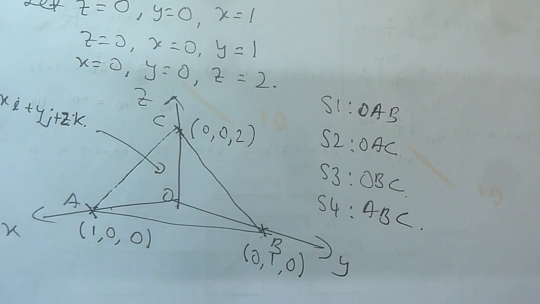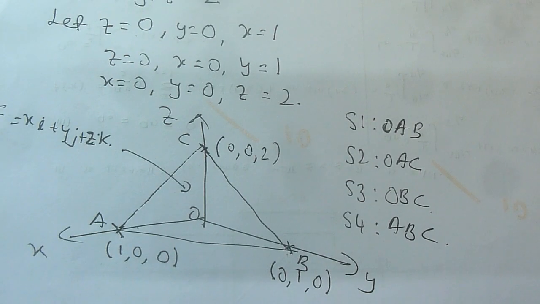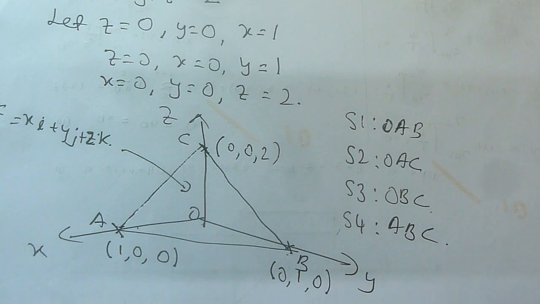The challenge is how we are able to start. Basically we can start with any surface, no problem. But what I wanted to emphasize here is that sometimes the question may specify a particular surface only. They may say, find ABC alone.